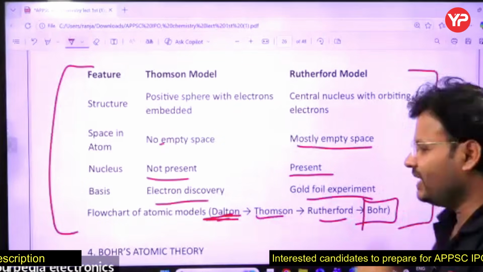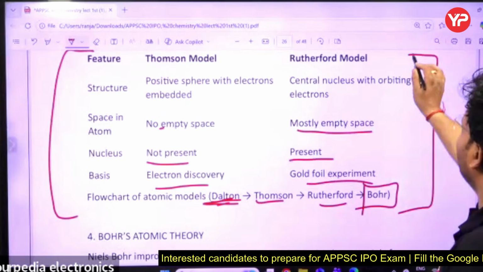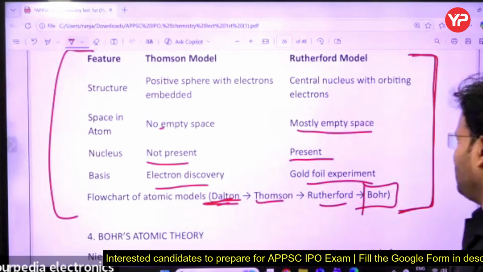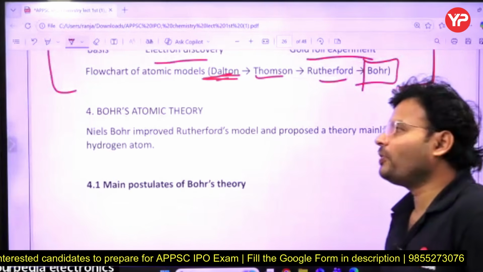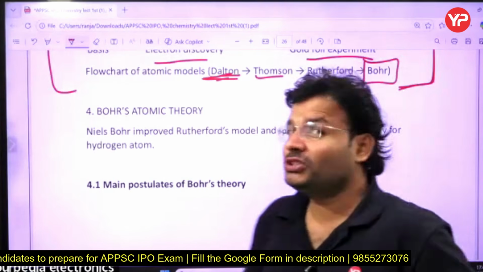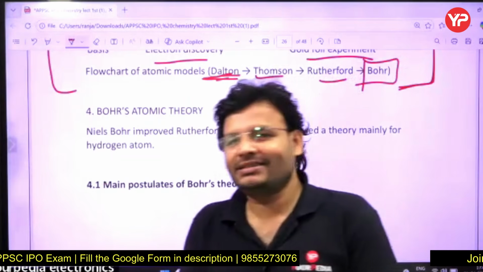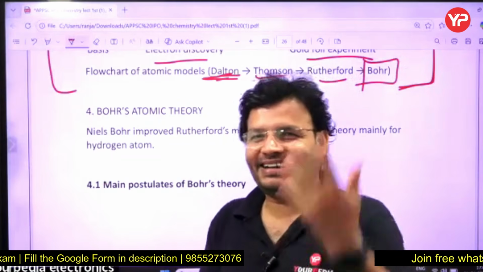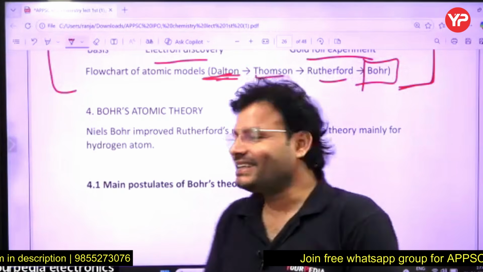Now we'll move next, that is Bohr atomic theory. Please try to remember all that; we'll see it in the question part. Bohr's contribution is good, and we are still working on it, though it is old now because you are talking about the wave nature, not the particle nature.